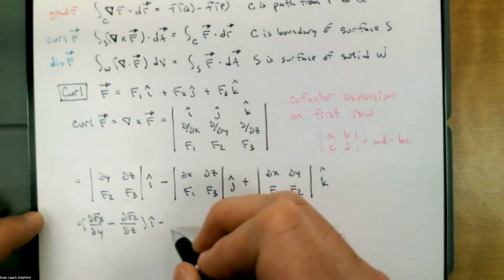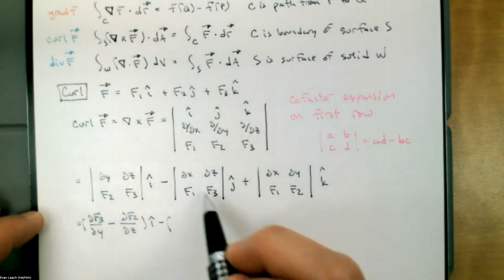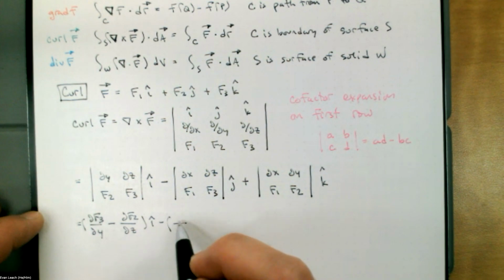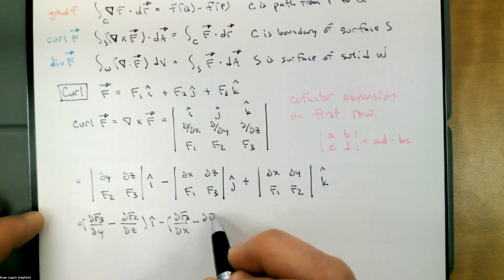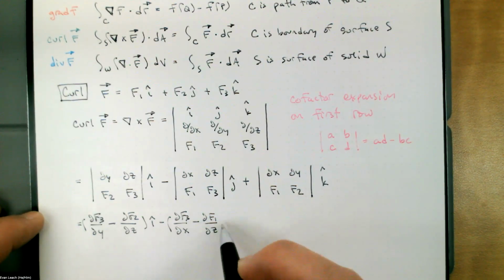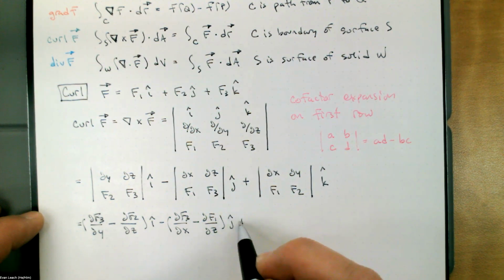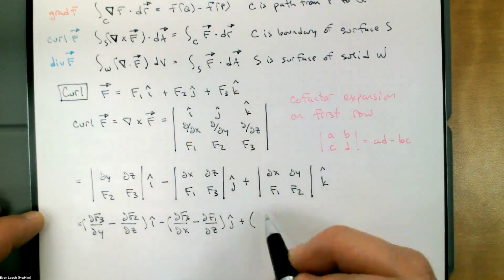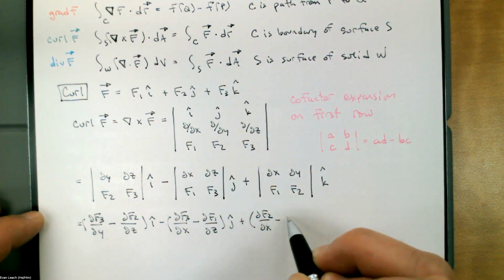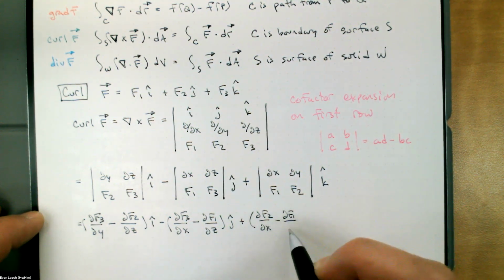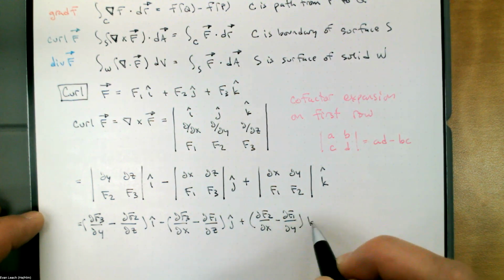Minus our next cofactor, partial of F3 with respect to x, minus the partial of F1 with respect to z. And finally, partial of F2 with respect to x, minus the partial of F1 with respect to y.